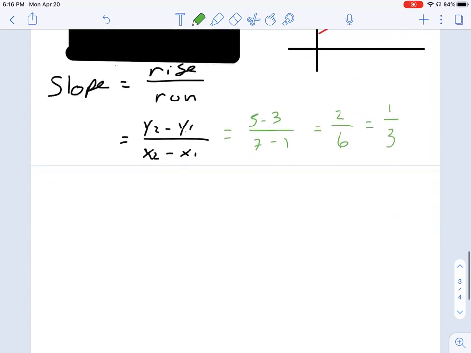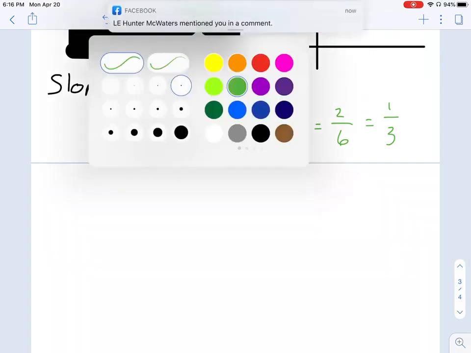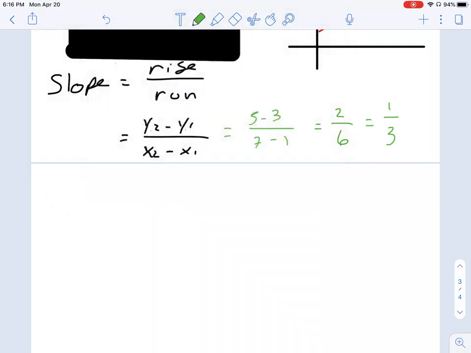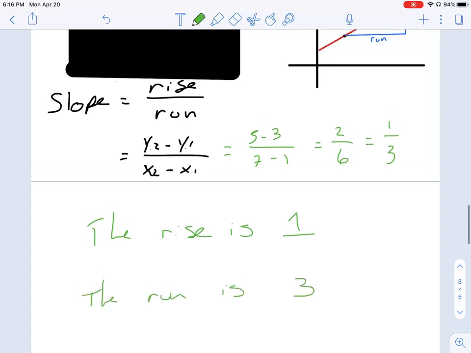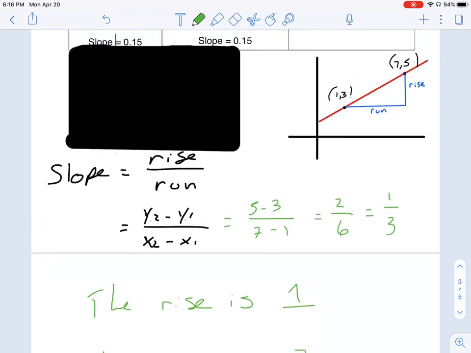So what we can say is that the rise is 1, the run is 3.